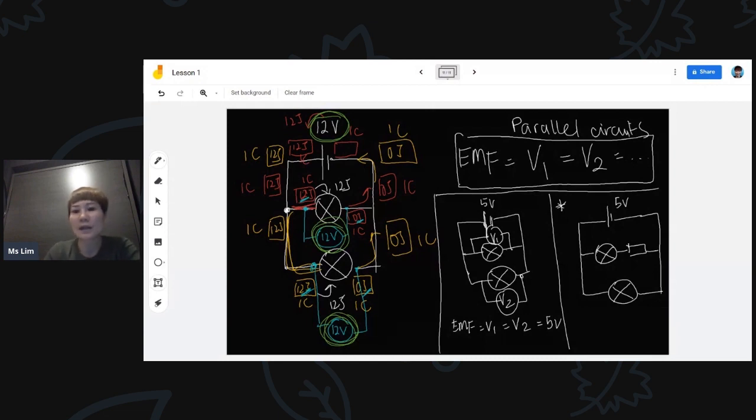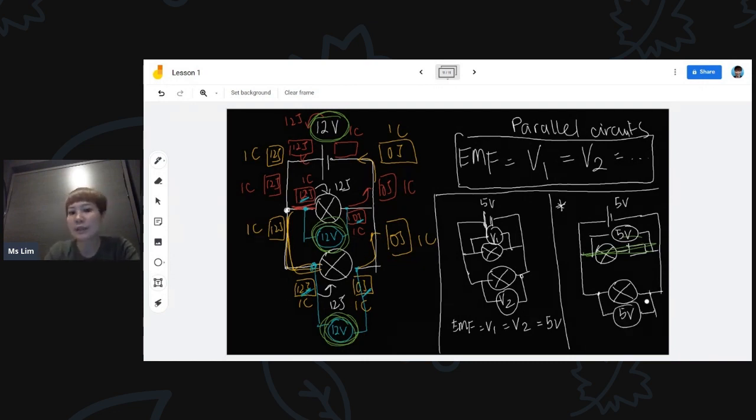What you need to understand is that with the 5 volt, these two are in series. So these two individual potential differences V1 and V2 will add up to give you 5 volt, which means the potential difference across these two together will be 5 volt, and not individually. And this will be 5 volt.